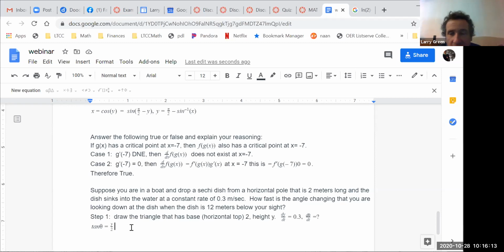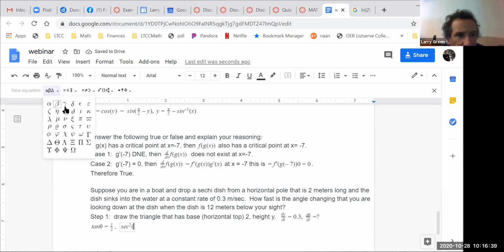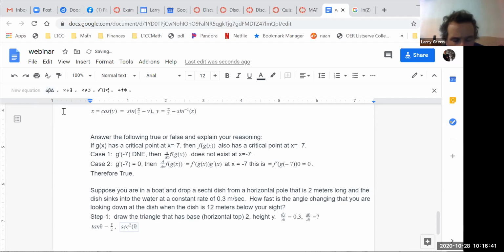Okay, now we just take a derivative with respect to t on both sides. And hopefully, because it's on our list of things that you need to know, what is the derivative of the tangent of θ? That was the secant squared of θ times dθ/dt.